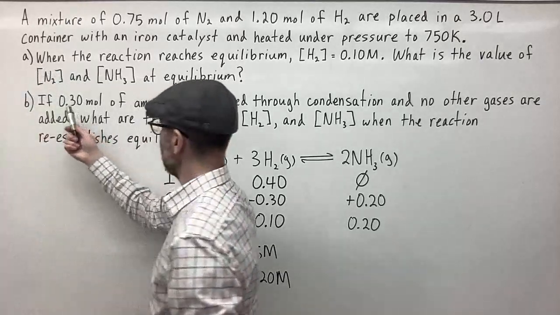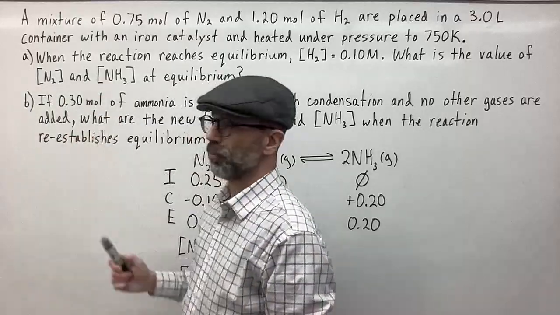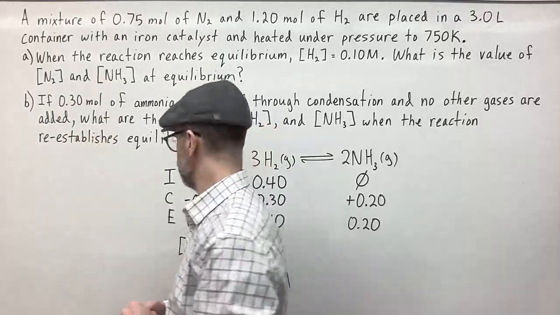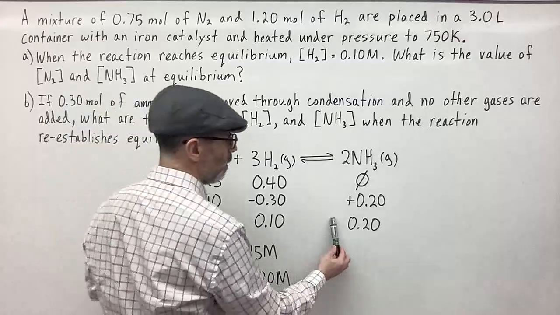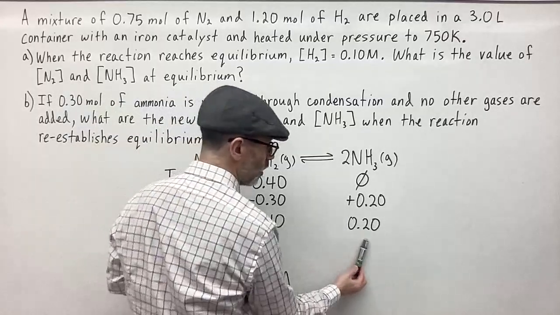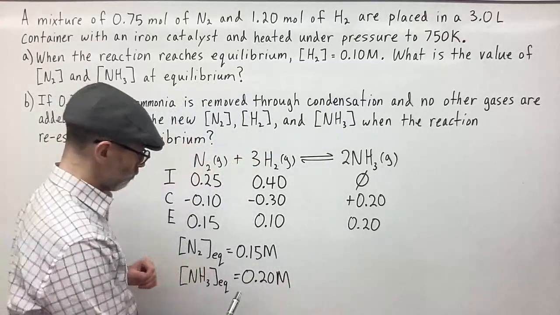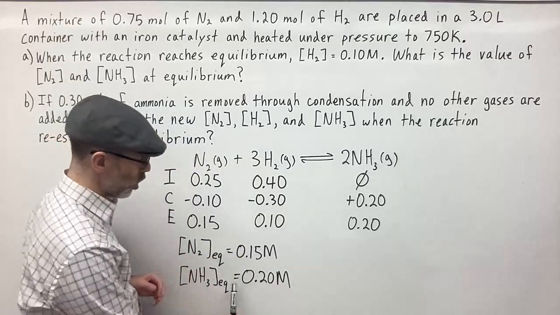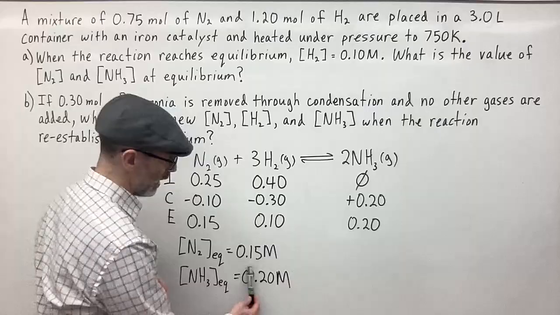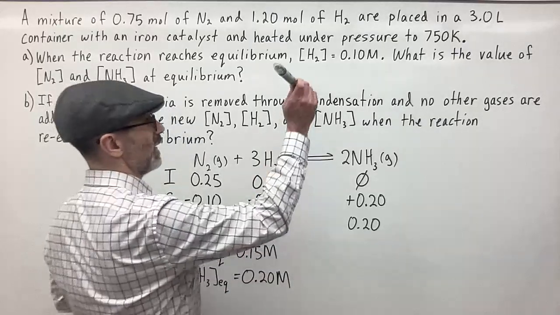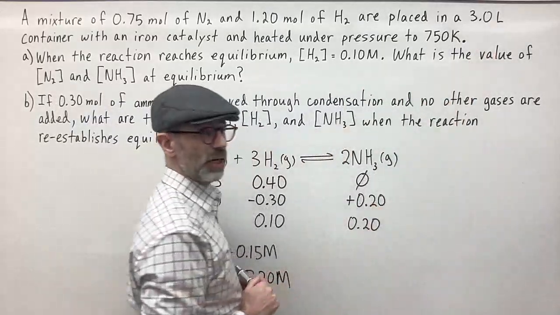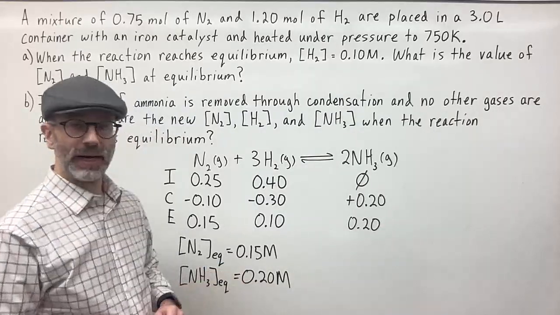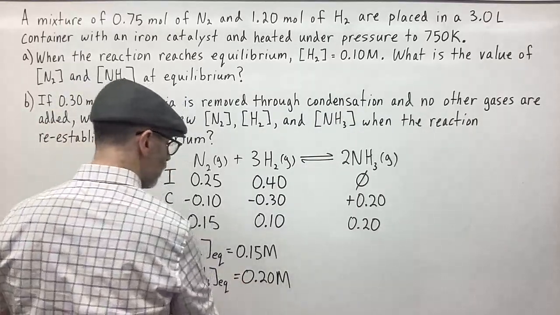Now, they're saying we're going to remove 0.3 molar. So the first thing we need to do is take the molarity of our ammonia, right? So remember, it's molarity. We're going to subtract out moles. So we need to know how many moles we have here. And so we're going to take the volume here, and we're going to multiply it by the concentration.